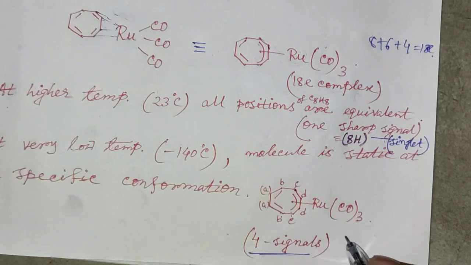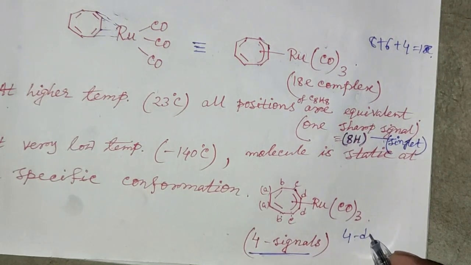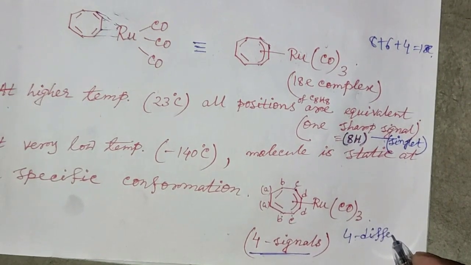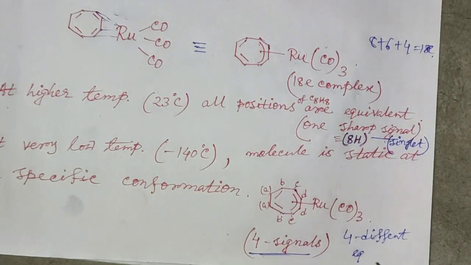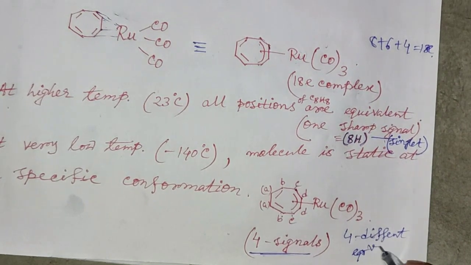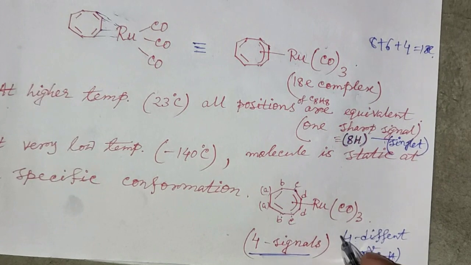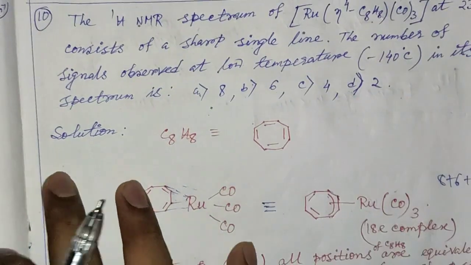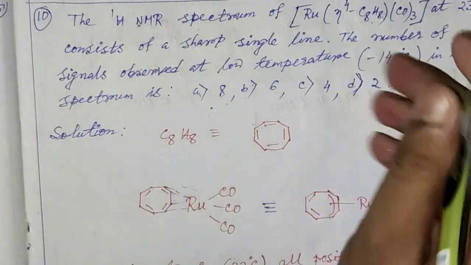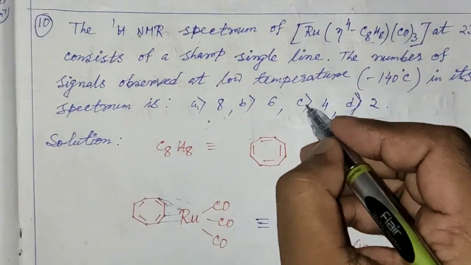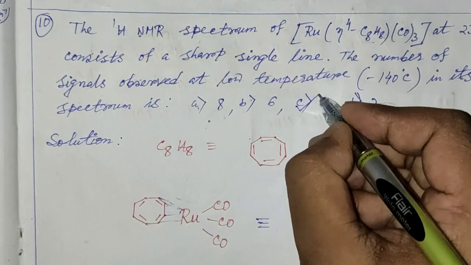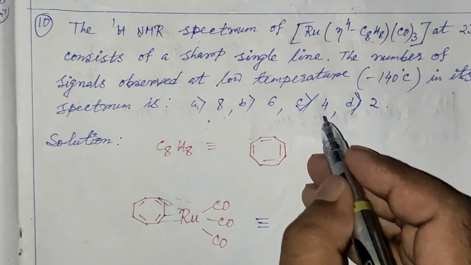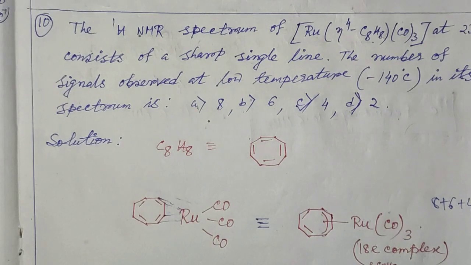That means there are 4 different equivalent CH protons. For this reason there will arise 4 signals. That means at low temperature this compound will give 4 signals. So option C is the correct answer.